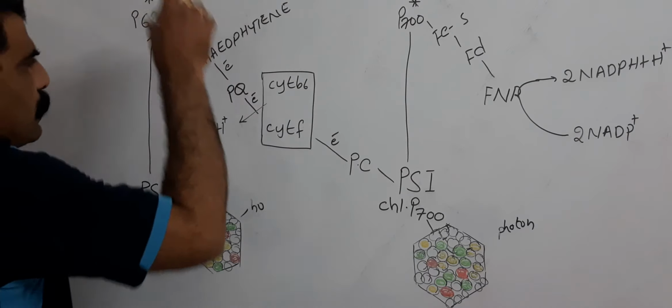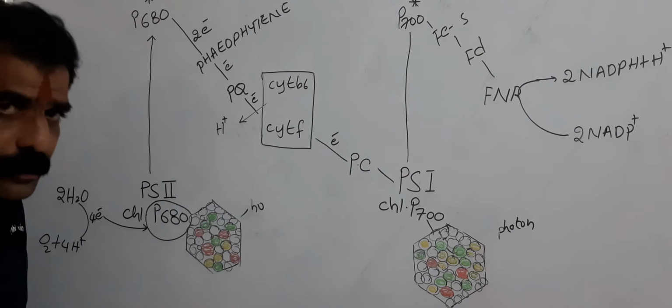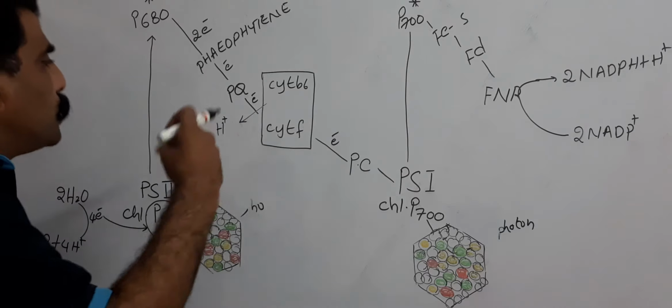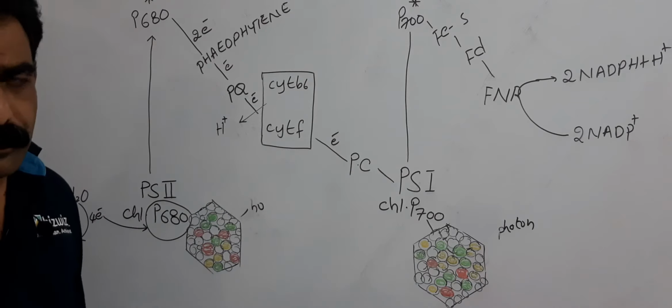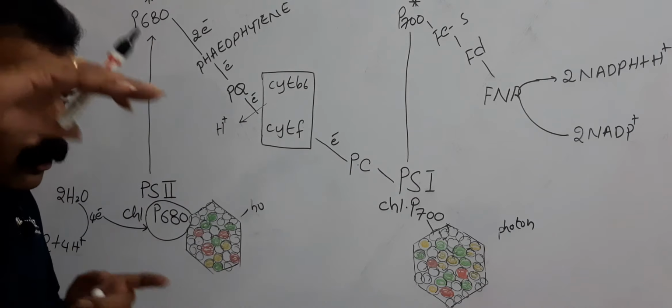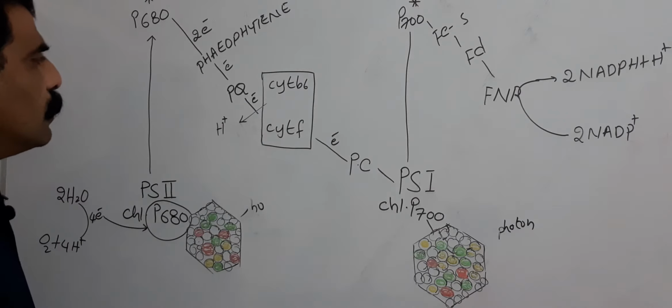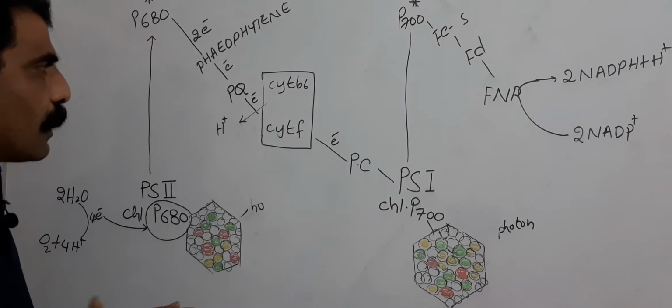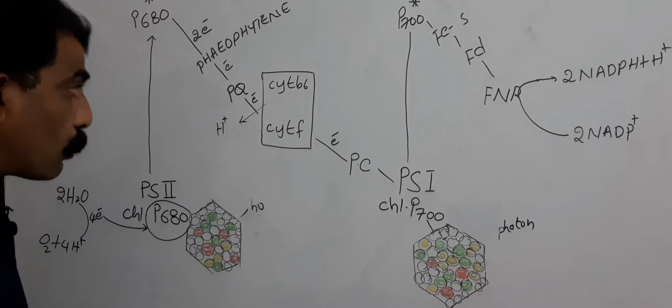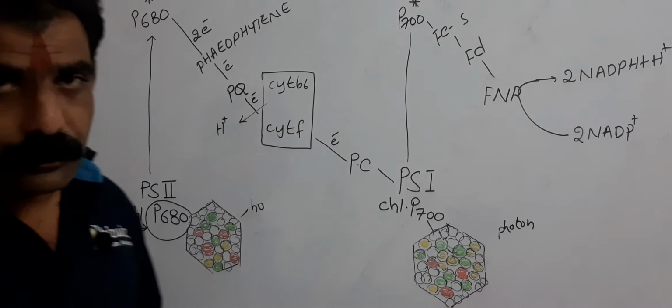Here now PO15 transfers electrons to plastoquinone, which is present on the outer surface of the thylakoid membrane. Here, plastoquinone transfers electrons to the cytochrome B6F complex.